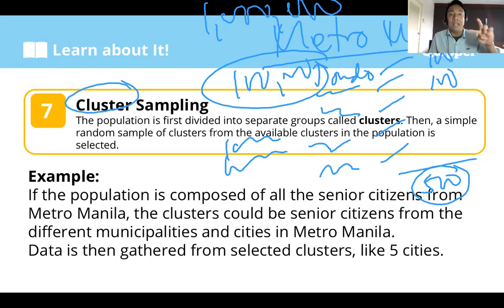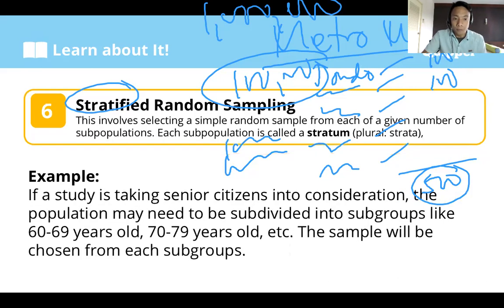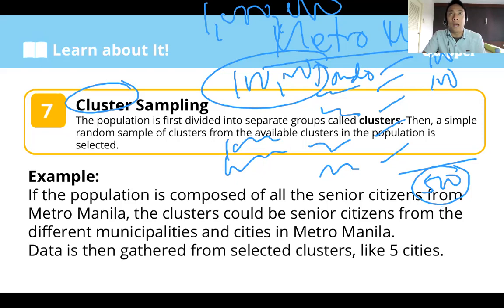Again, this is somewhat the same to stratified random sampling, but stratified random sampling includes, kumbaga, baka may mga division na about age, kung ang gusto mong i-divide is 60 to 69 years old, something like that.